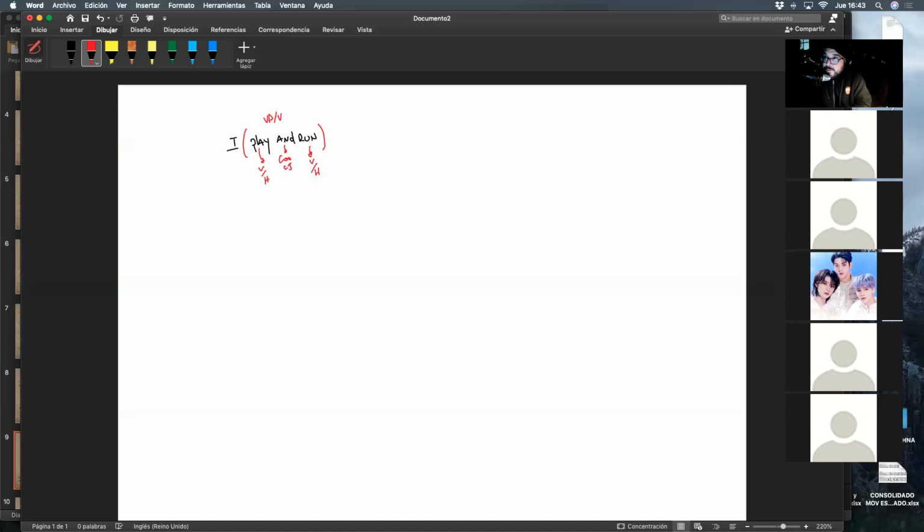So in a compound verb phrase, you can have more than one verb head, and they must be linked by the presence of a coordinating conjunction. And coordinating conjunctions are the ones we call fanboys: for, and, nor, but, or, yet, and so. But usually you will find and, but, or, and probably nor.